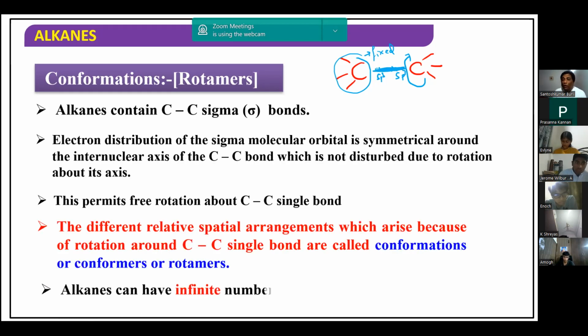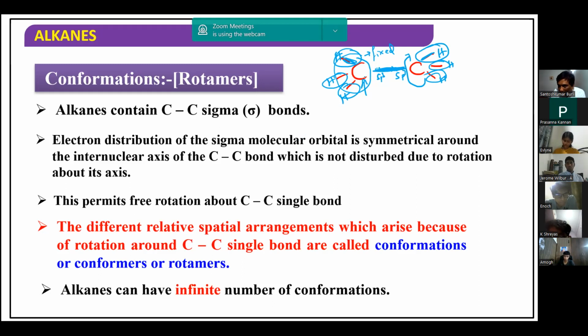As a result of rotation around the carbon-carbon single bond, let us assume here we have 3 hydrogens and here we have 3 hydrogens. The spatial arrangement between the hydrogens has tetrahedral geometry. The positions of these hydrogen atoms are fixed, but the positions of these hydrogen atoms go on changing with respect to the hydrogen atoms attached to this carbon, which is fixed and not rotated.